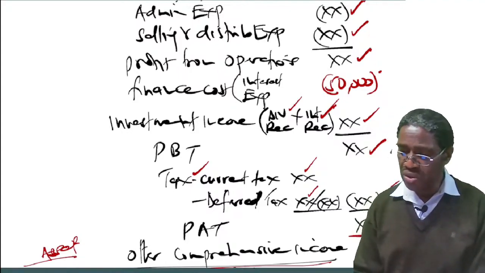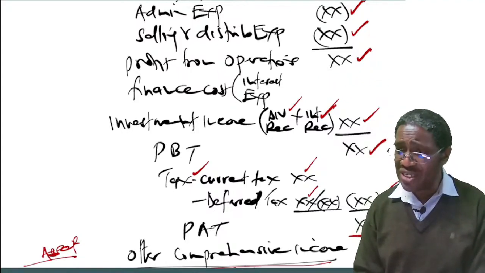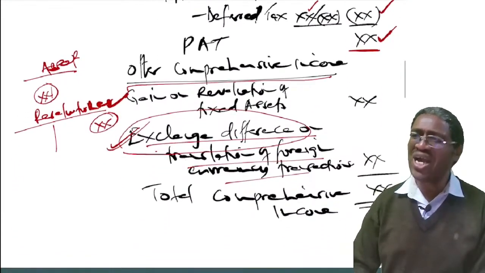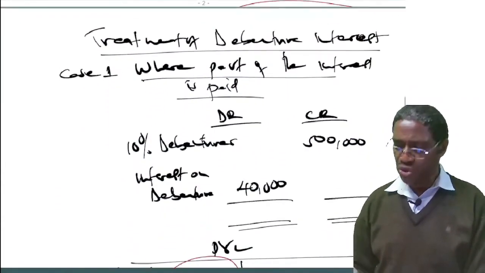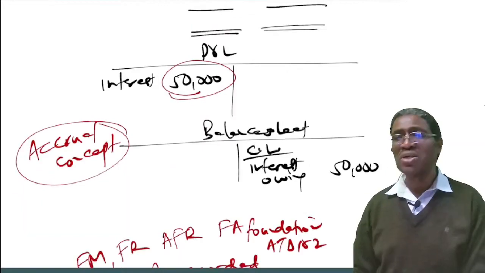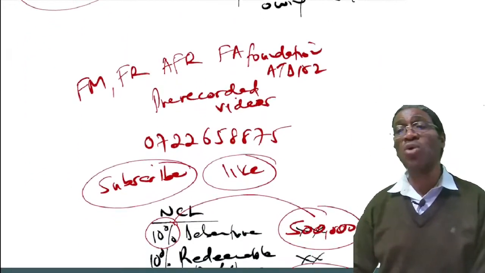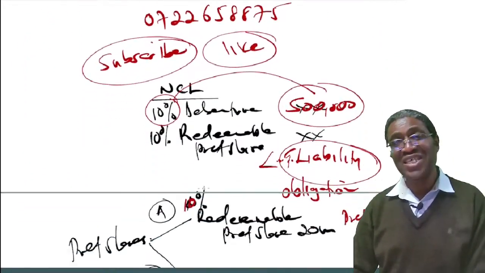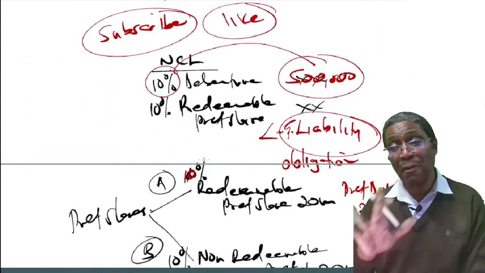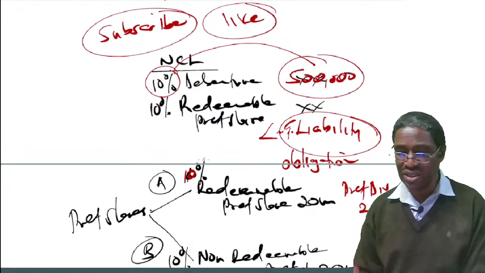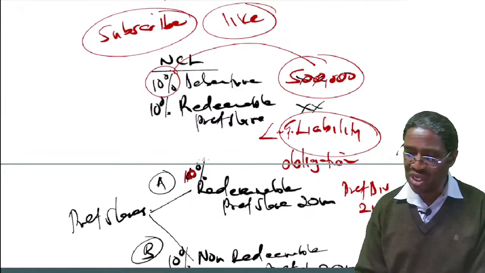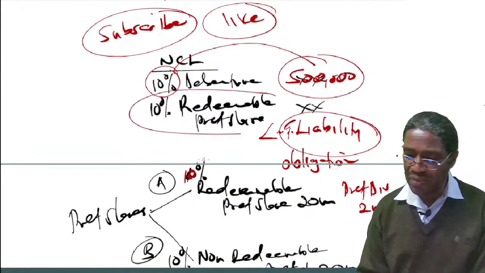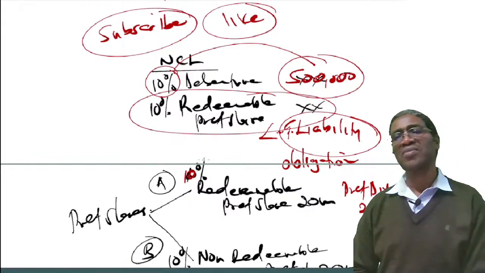Remember, I've told you, those preference shares which are redeemable go to the balance sheet as a long-term liability. Just like debentures go to the balance sheet as a long-term liability, preference shares which are redeemable also go to the balance sheet as a liability.